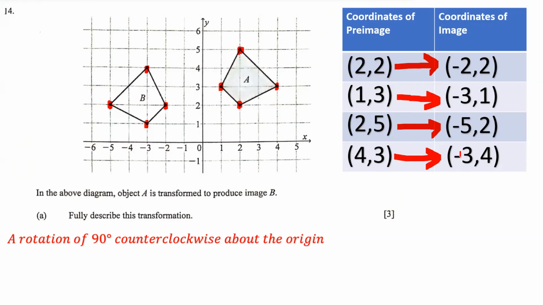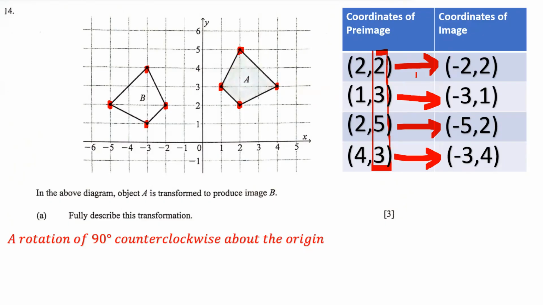And notice the pattern: all of these y values became our x values. Look, 2, 2, 3, 3, 5, 5, and 3, 3. So all of our y values became our x values. Only thing is we negated it.